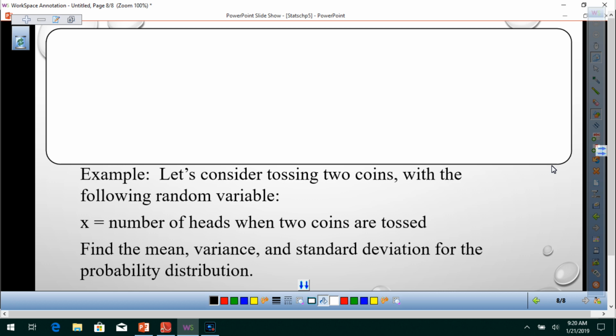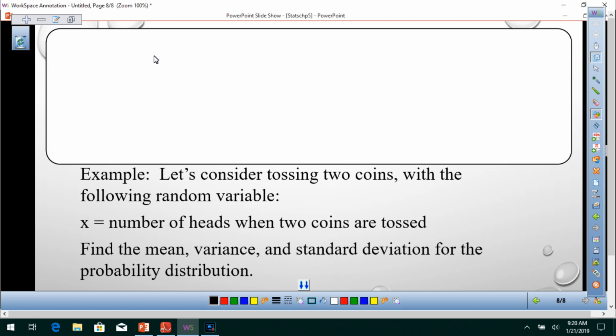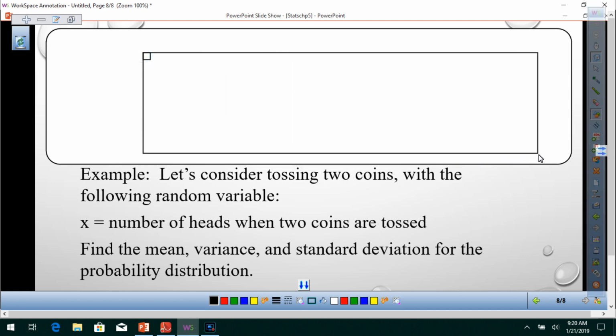All right, so let's see here. Maybe we should make us a little table here. I don't know that we'll need that much, but we got it if we do.